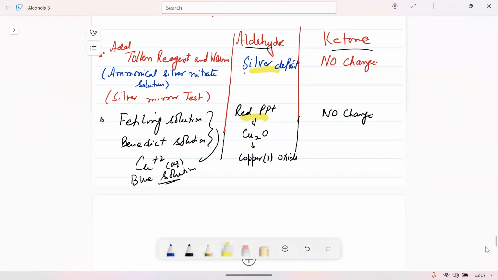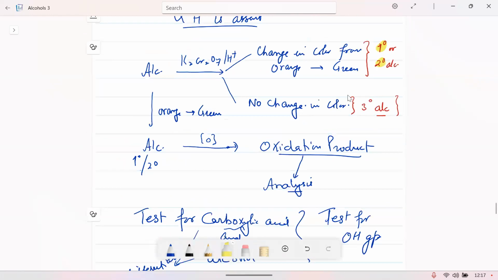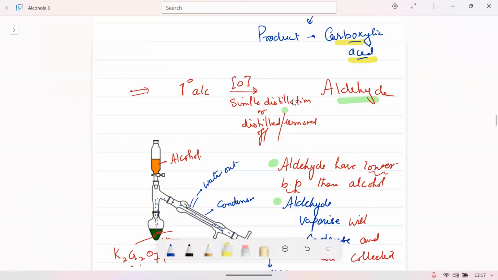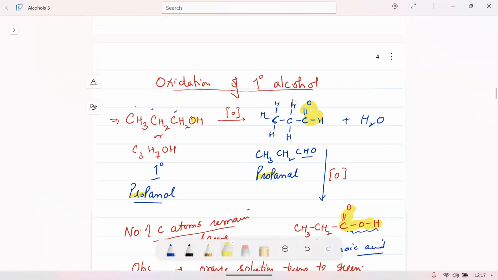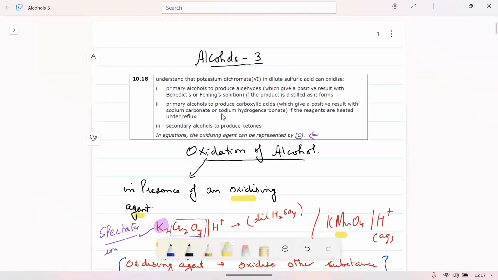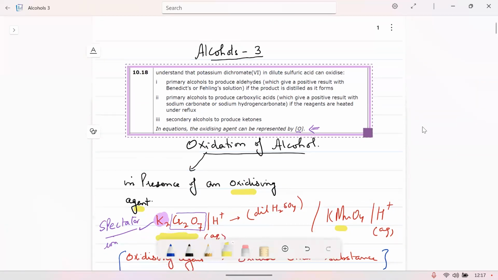So if you get in the oxidation product either a silver deposit by adding Tollens reagent, or a red precipitate by adding Fehling's and Benedict solution, it is an indication that the oxidation product is an aldehyde. And if the oxidation product is an aldehyde, it means your starting substance was a primary alcohol.